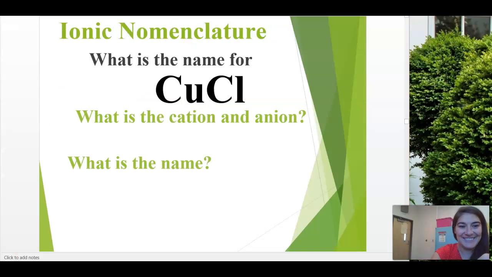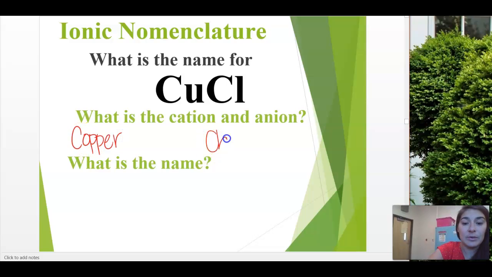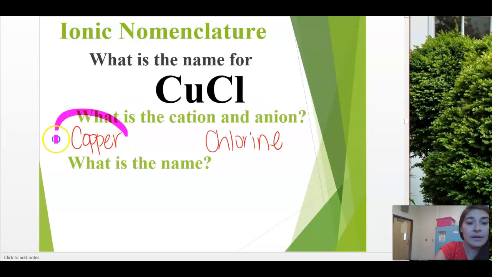All right, so for this one here, we have Cu and Cl. It would be easy to just want to say copper chloride, right? Because copper is the cation, and chlorine is our anion. But because copper is a transition metal, we have to include its charge. So we go through this math again, this pretend algebra.